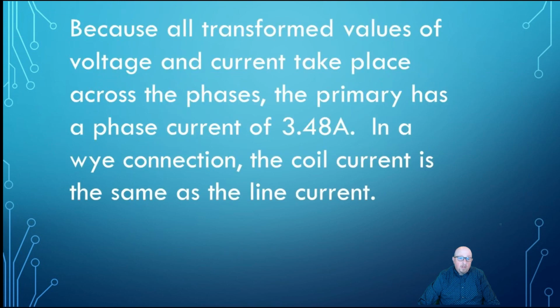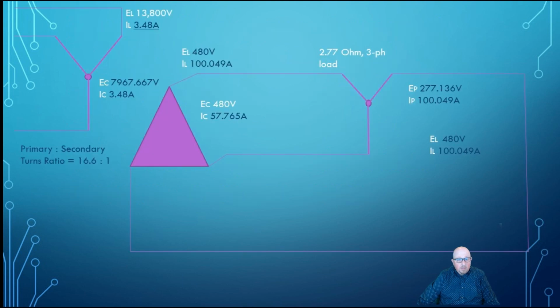All right. Because all the transformer values of the voltage and current take place across the phases, the primary has a phase current of 3.48 amps in a Y connection, and the coil is the same as the line current. So now we could see we brought it all together. We could do all this math individually. This one sheet should show you everything that you would need to know.